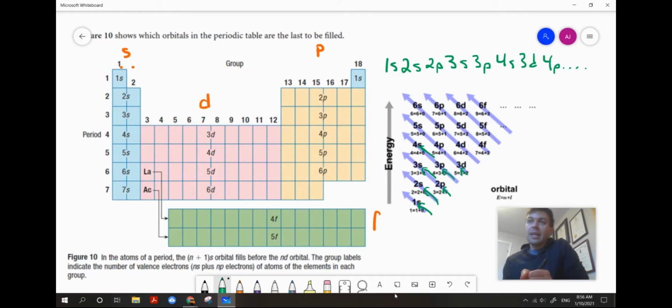So if an element has only one electron, it will fill the lowest energy orbital, 1s, my first one there. Well, which element has only one electron? That would be hydrogen. The next element is also going to fill in the 1s because there is space for 2 electrons in an s orbital. And we see that over there, helium.